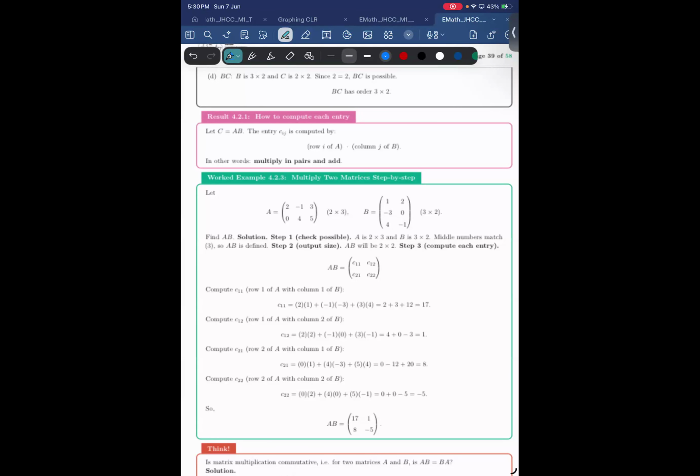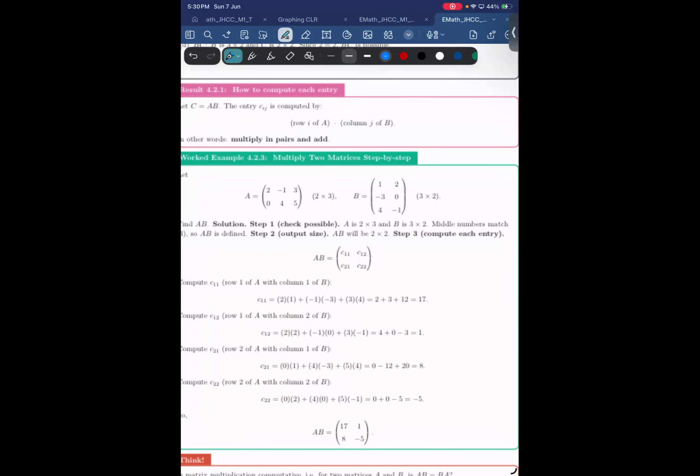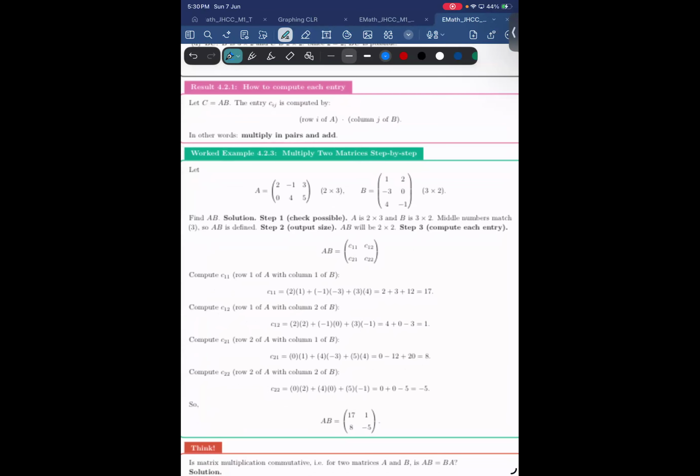We can look at this example here. Always check whether you can even matrix multiply first. Then you can take a look at how to compute each of the entries.